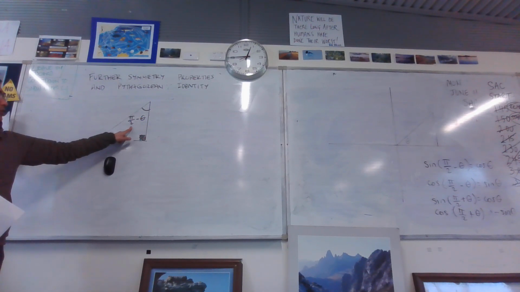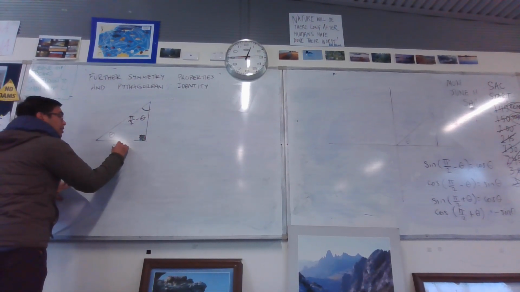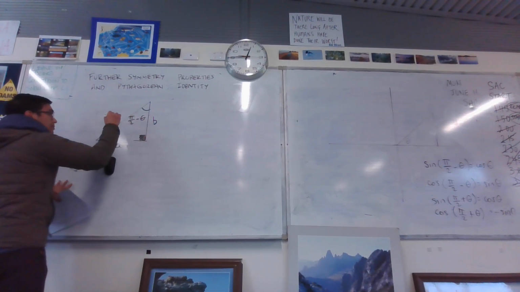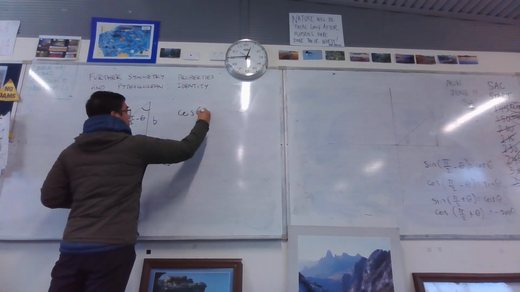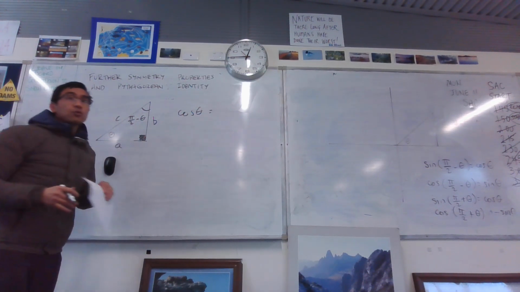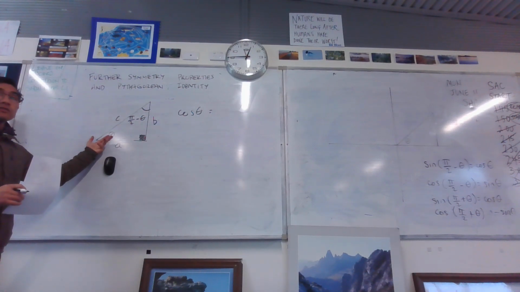Complementary. Thank you, Perry. Complementary angle. If I now label A, B, and C, and I start getting my cosine, what over what, Maya, is my cosine from this side here? Which two letters are involved?